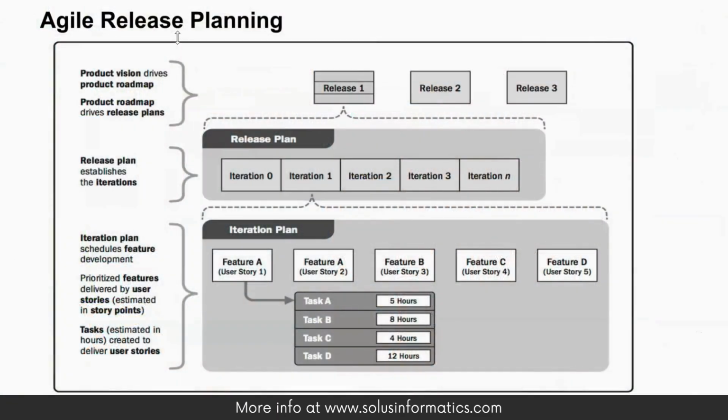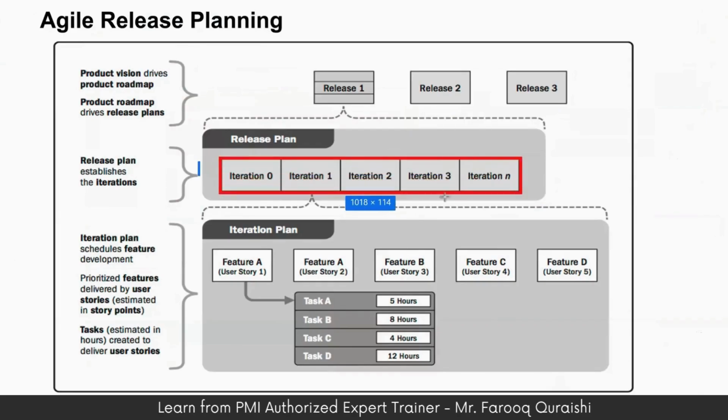Now, to tell you about agile release planning. Agile release planning is the process in which you determine the number of iterations, or sprints, if each sprint is 1 to 4 weeks, that are needed to complete each release.